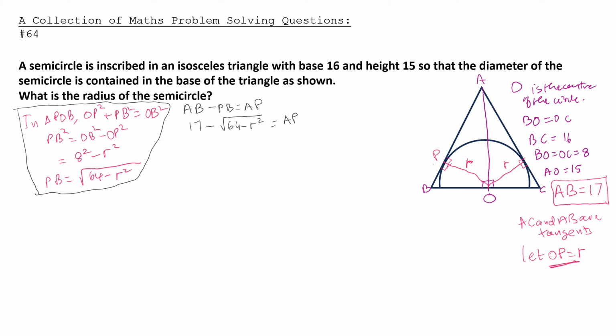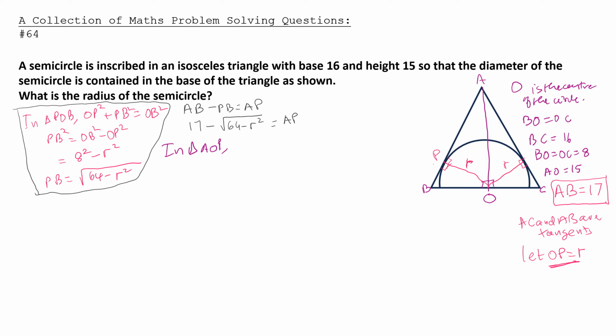So let us consider triangle AOP now. In triangle AOP, we can work out the Pythagoras theorem, so we know the hypotenuse is AO. So AP square plus OP square is AO square.